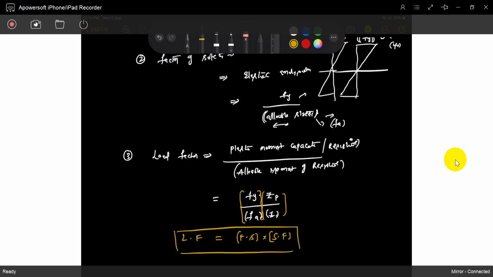See, one thing you can observe. It has a certain capacity in yield analysis. Beyond this also it has a capacity, that is plastic analysis. In general, we feel that we design for elastic analysis up to the yield stress. But in reality, we won't design the member for the yield stress.